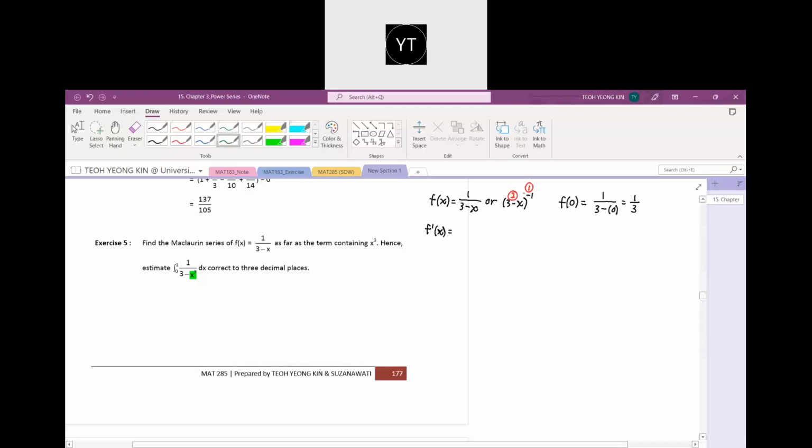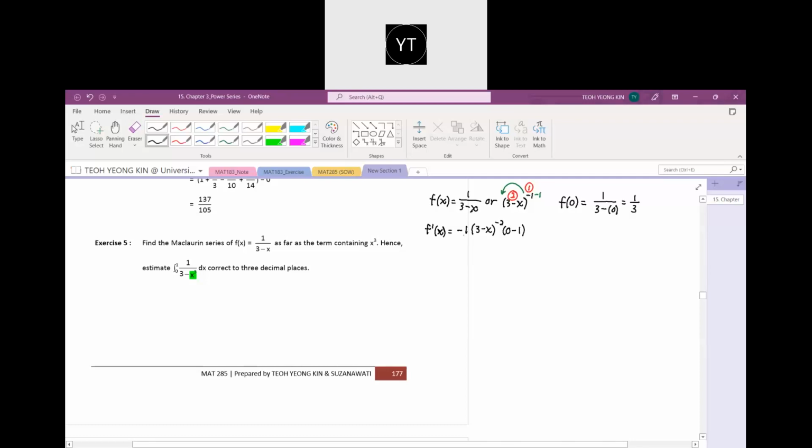When I start to differentiate, multiply the index to the front, minus 1. So here I get negative 1 in front, (3 minus x) to the power of negative 2. Then I differentiate the bracket. Differentiate 3, I get 0. Differentiate negative x, I get negative 1.